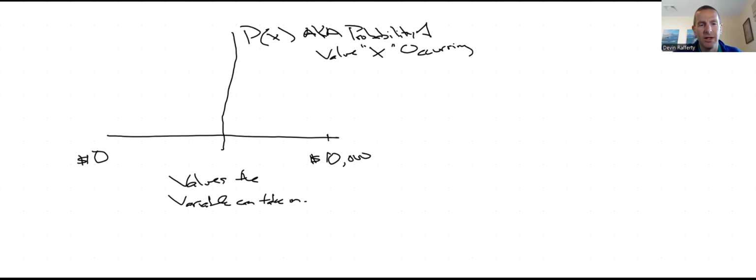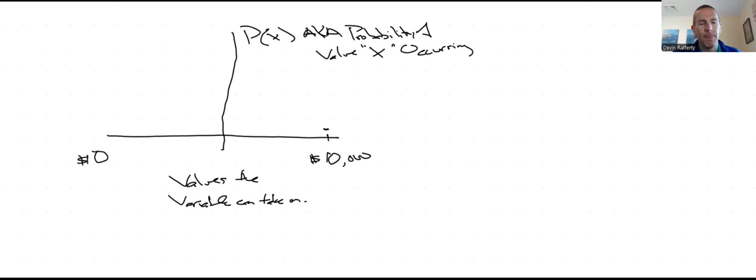No, of course not. Remember, probability starts at zero and goes up to one. The highest probability anything could be is one, or 100% if you want to do percentages.